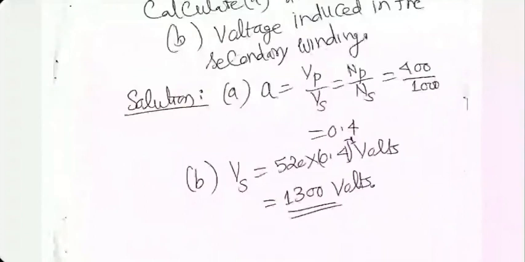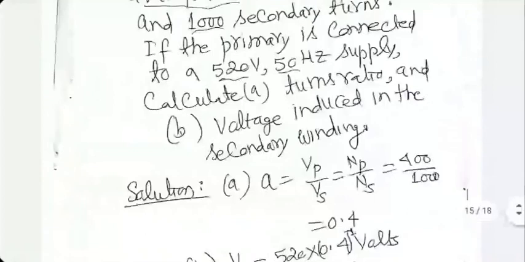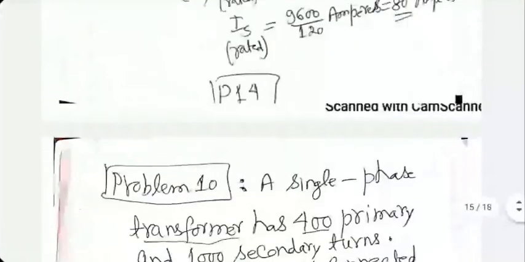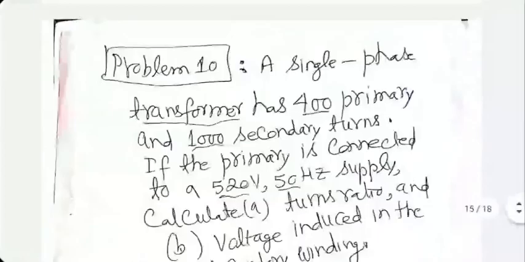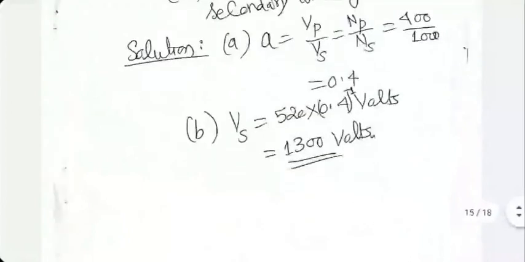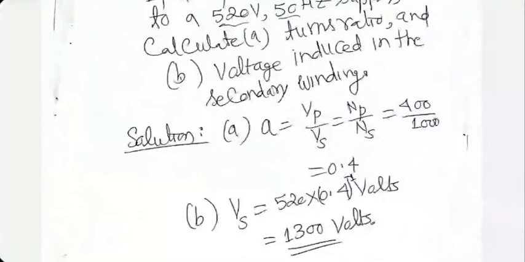I made a mistake. That's why you see that minus 1 sign on the top. So VS will be higher. It is 1300 volts. And actually, I have not solved, what else did they want? Oh yeah, they want nothing else. So I have solved everything.